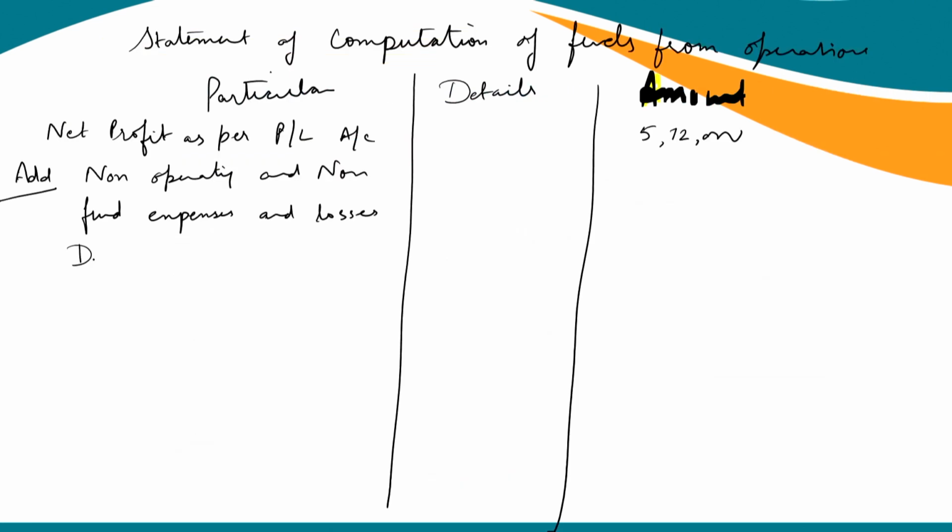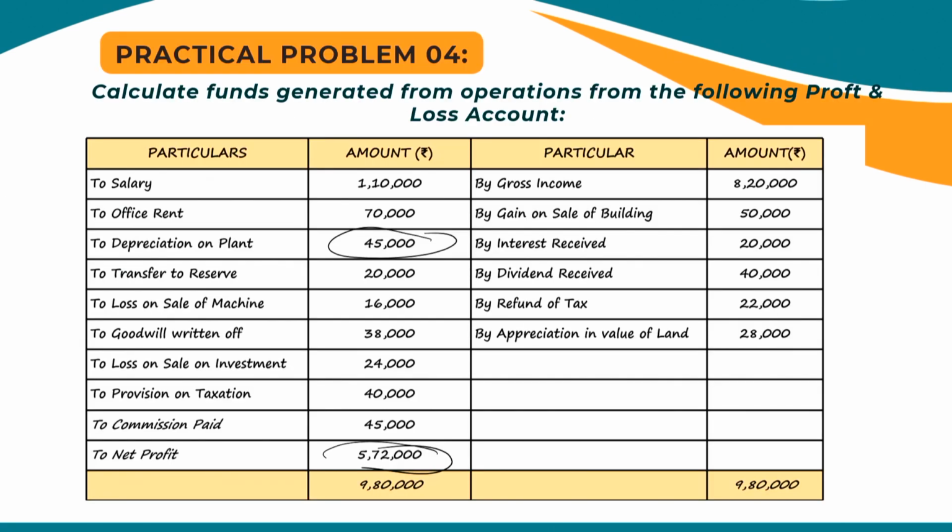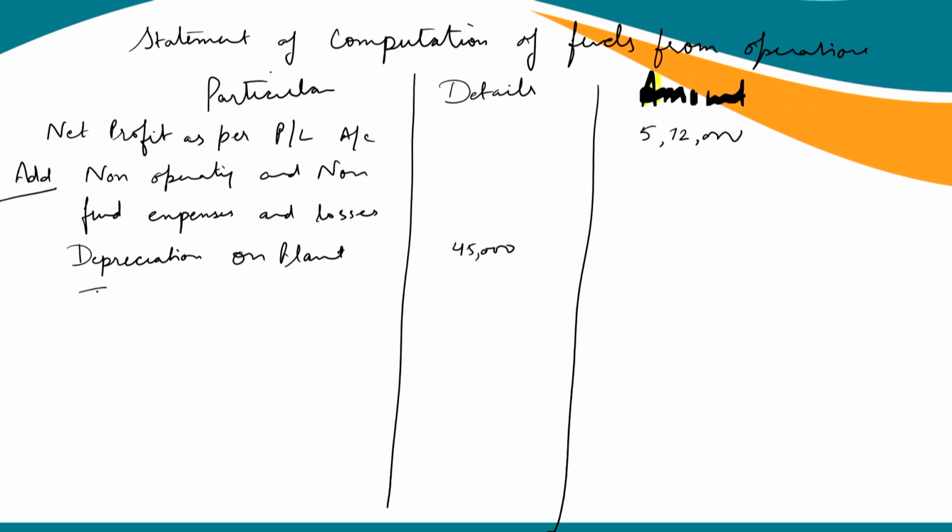This depreciation on plant is a non-fund item, 45,000 in amount. Then next is the given transfer to reserve, again a non-fund item of rupees 20,000.